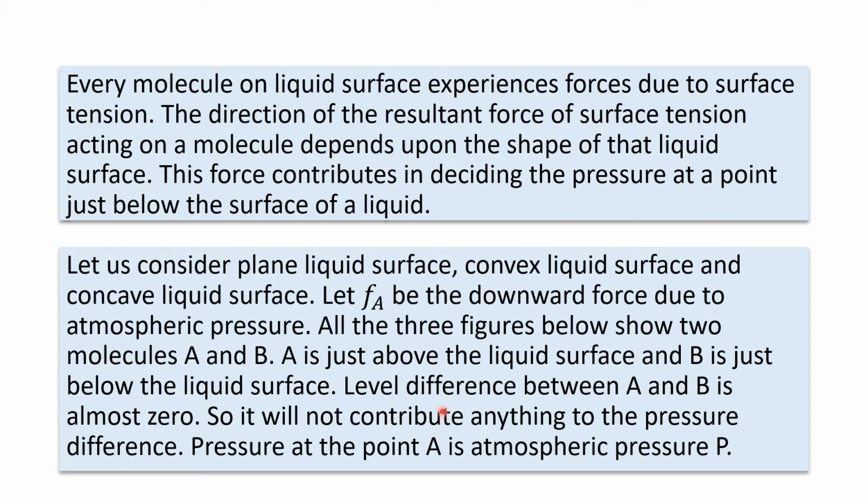The level difference between A and B is almost zero, and therefore this level difference will not contribute anything to the pressure difference, because we know that different points will have different pressures inside the liquid. But since we are considering the level difference between A and B as almost zero, it will not contribute to any pressure difference between A and B. Now pressure at point A is atmospheric pressure.